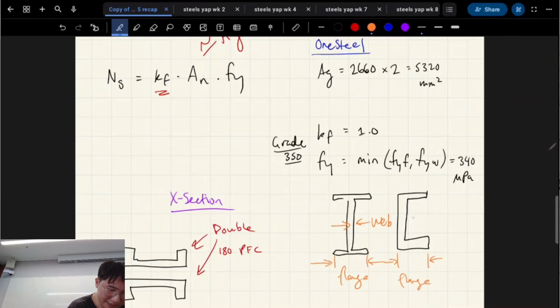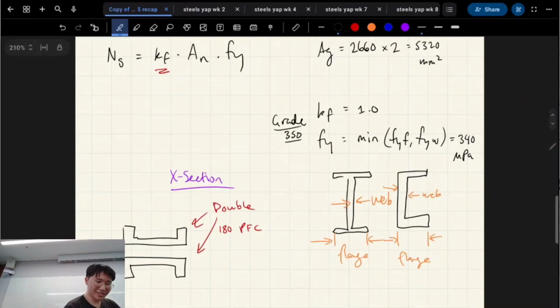And that's our web. So for channels and for I-beams, we have two flanges and one web, right? So when we say that we have a certain flange yield strength and a web yield strength, we just take it as the minimum for both of them, right?